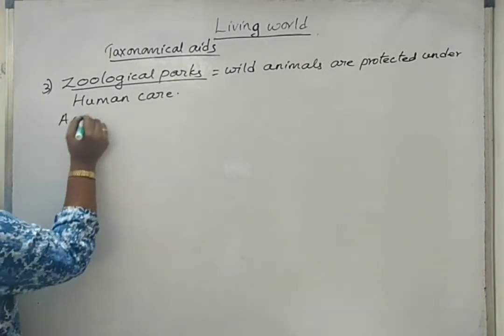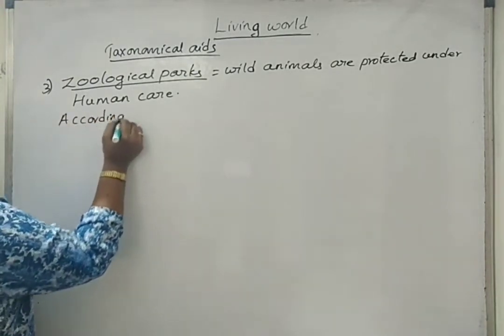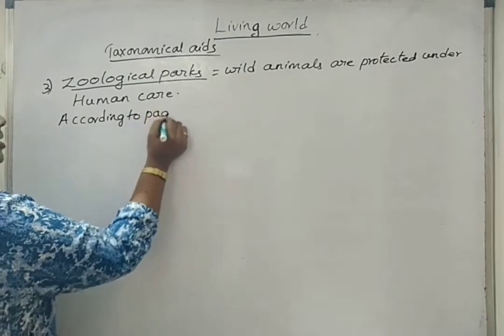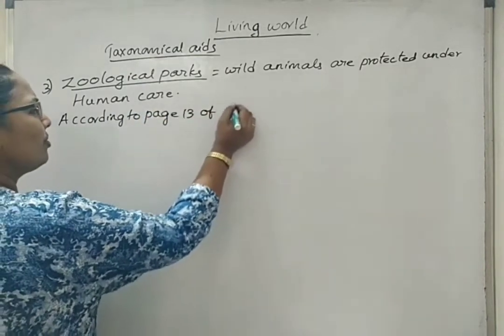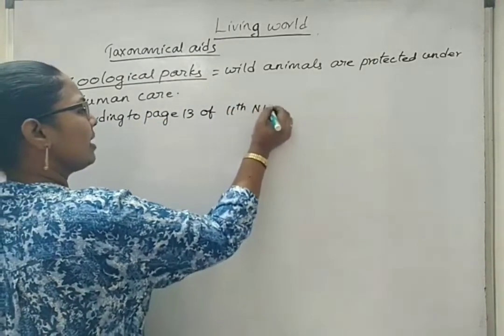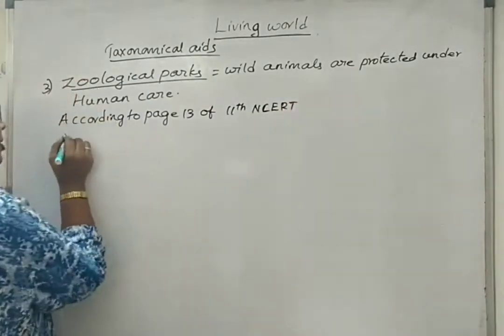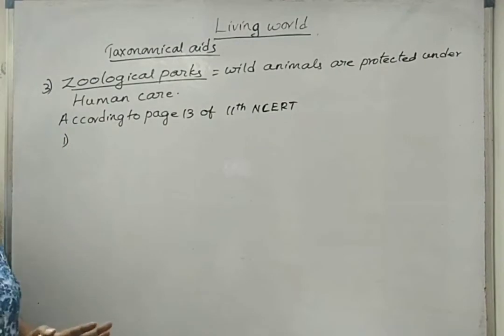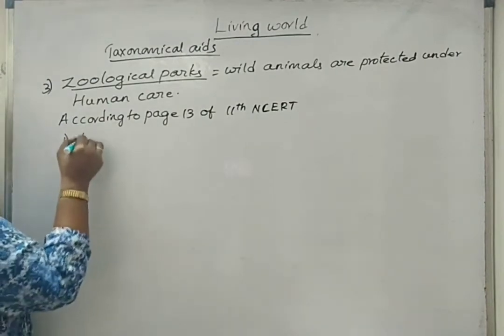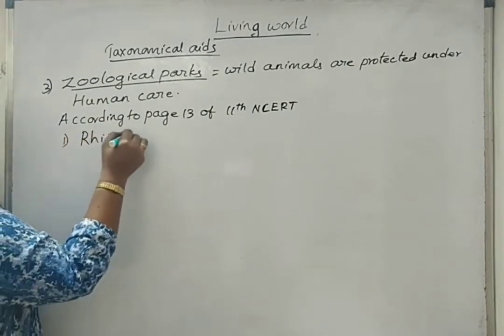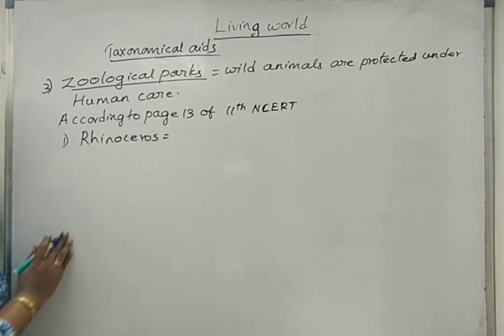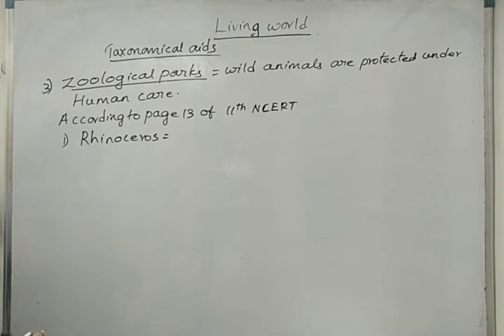According to page 13 of 11th NCERT, the first diagrammatic representation is rhinoceros. Rhinoceros are present in a zoological park, that is Kaziranga National Park, present in Assam.